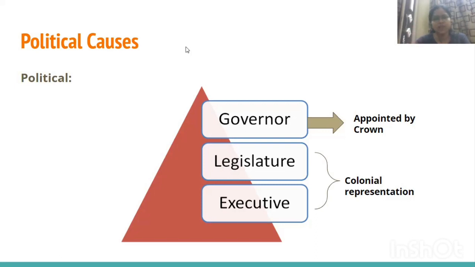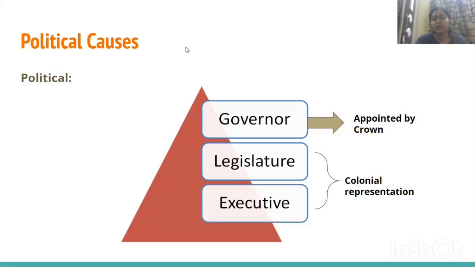But the issue was that in the initial phase, the relation was very cordial. Slowly and gradually, we will see that governors started empowering themselves, or the British Crown started imposing different laws and dominating these colonies. And people did not like this setup. Now they wanted home rule, self-rule. They were not happy being ruled by a governor who was a representative of the British Crown.